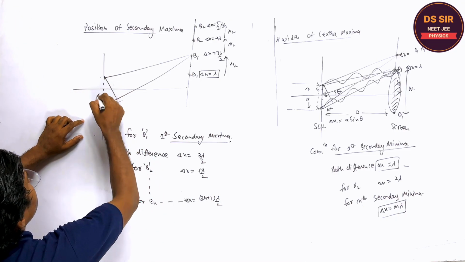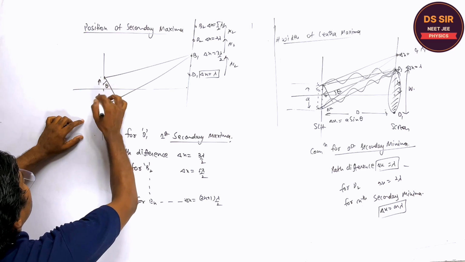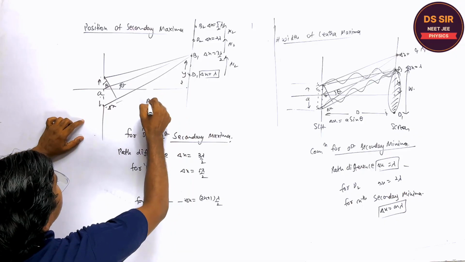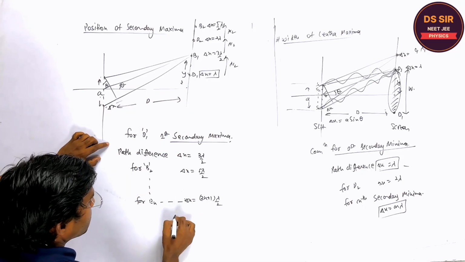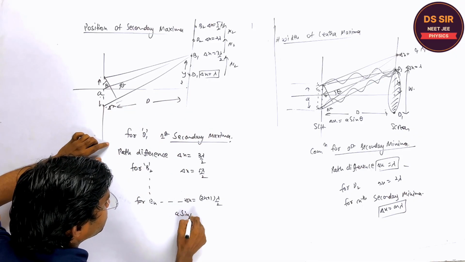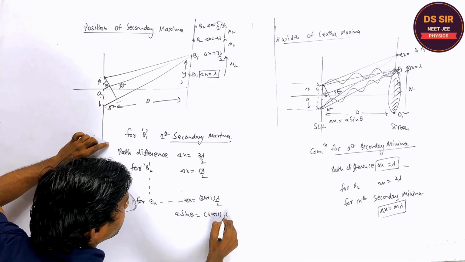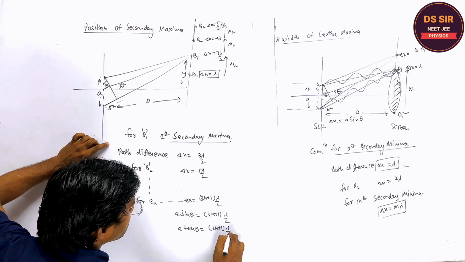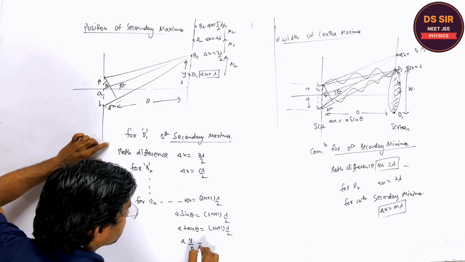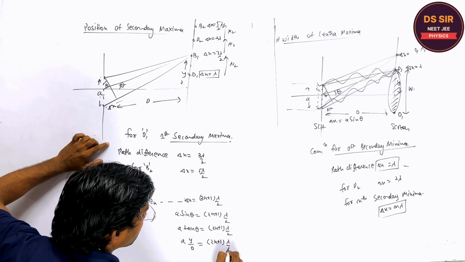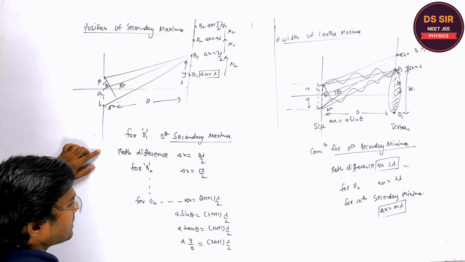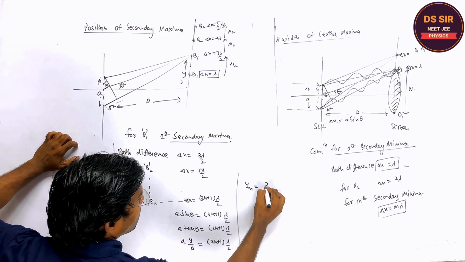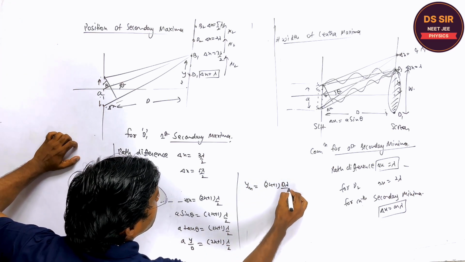And for this path difference, if this is a, this is theta, and this is again theta, this is y, this is D, I will write a sin theta equal to 2n plus 1 lambda by 2, tan theta is y upon D. So I am writing yn is equal to 2n plus 1 D lambda over 2a.